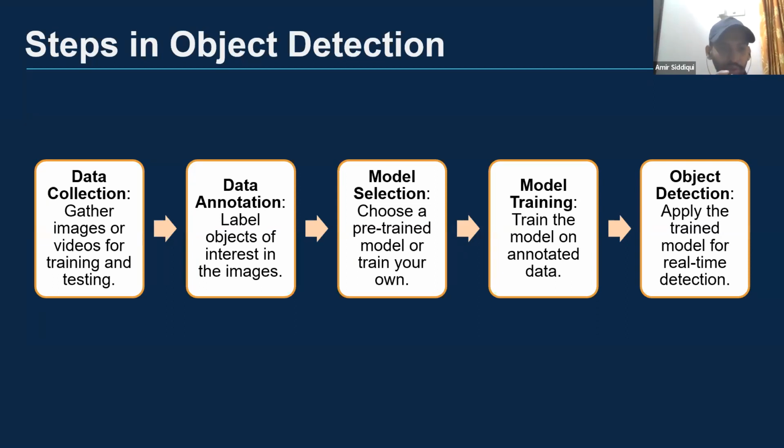Let's say you have 1000 images, and you are going to train your model on 70% of your data. So out of 100, you will label 70 images. That means in 70 of the images, you will write that this is a cat, this is a dog, this is a duck. And the 30 images will be used for testing.